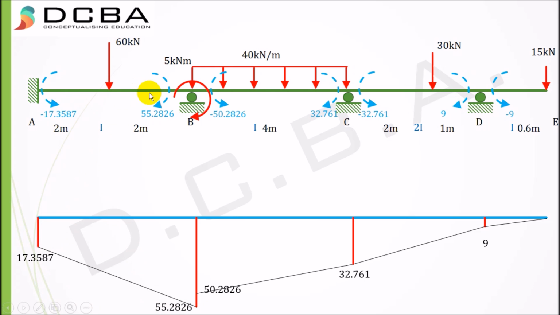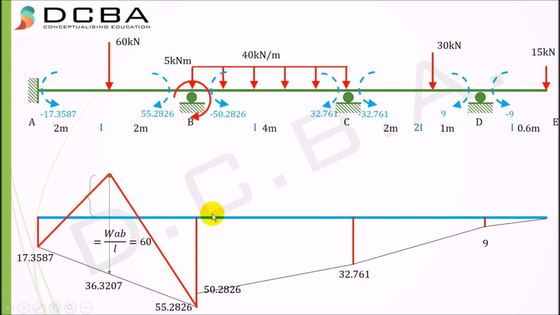So if AB was a simply supported beam with a point load acting at center, the moment would have been like this, with this value as WAB by L equal to 60. Now this value is from this point to this point, but we require only this much value. Okay. Now how to get only this much value? We have to subtract from this value, that is this particular value.